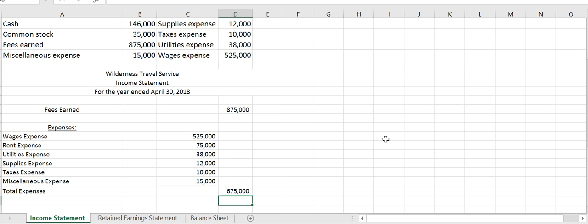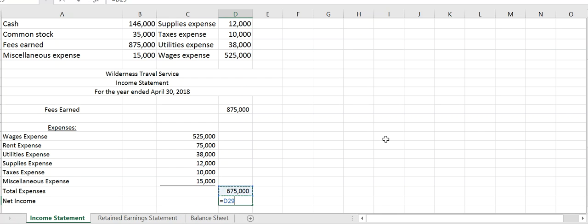So it might be cash, it could be supplies, it could be prepaid insurance, whatever the case may be. So what we've earned in revenues, again, we earn revenues when we in fact have provided the service to the customer, regardless if we've received the cash, was $875,000. And the expenses that we have incurred during that same period was $675,000. When our revenues exceed our expenses, we have a net income.